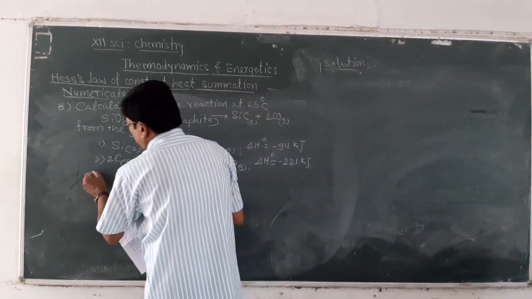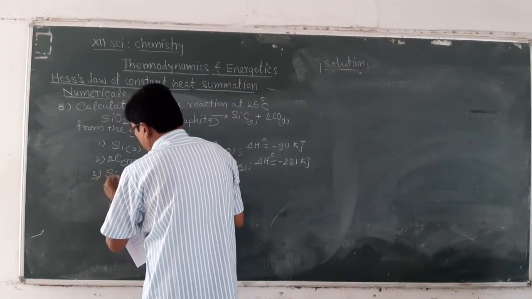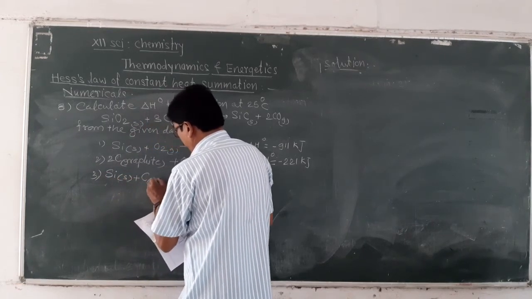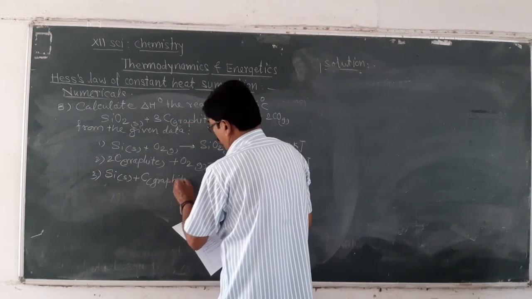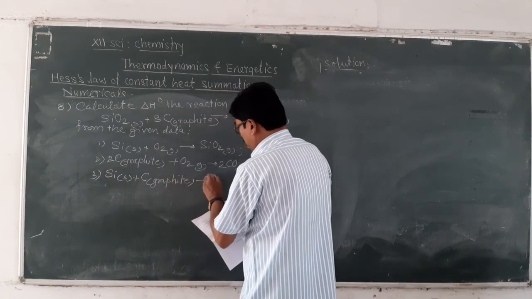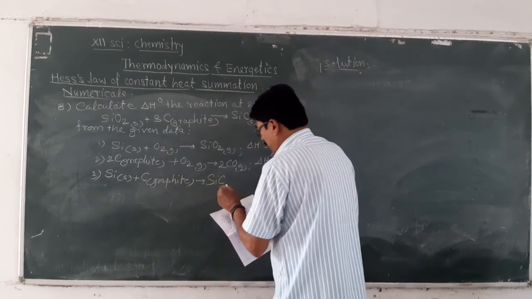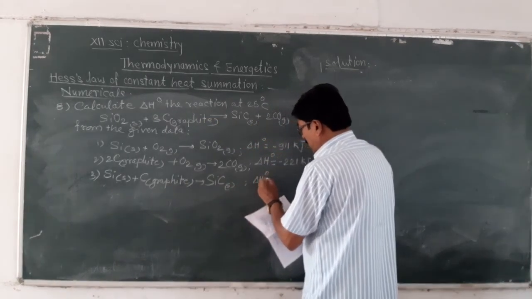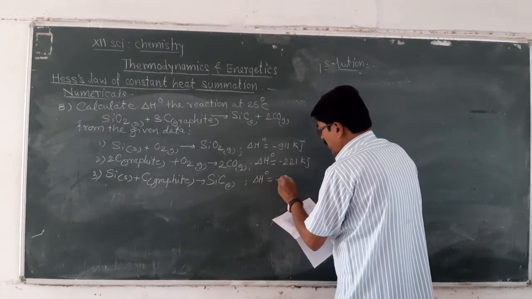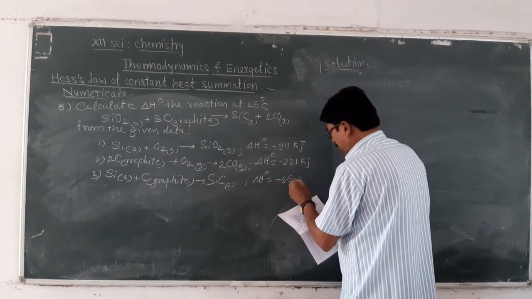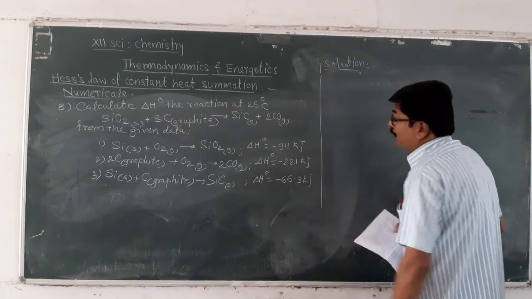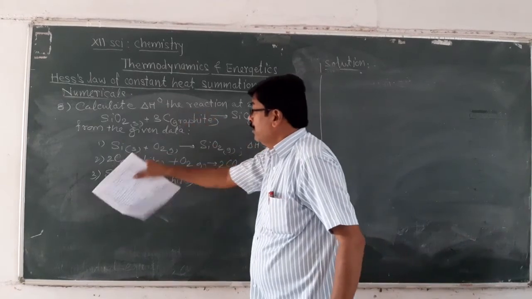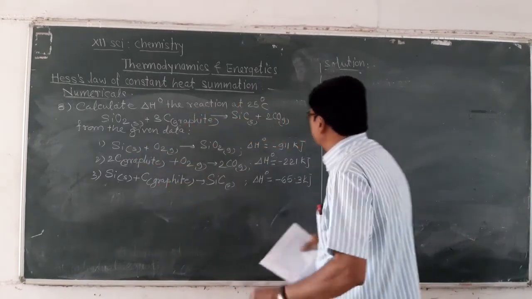And last equation: Si solid plus carbon graphite gives SiC silicon carbide solid, and enthalpy of this reaction is minus 65.3 kilojoules. Now this problem is to be solved. We want this equation by modifying these given three equations.